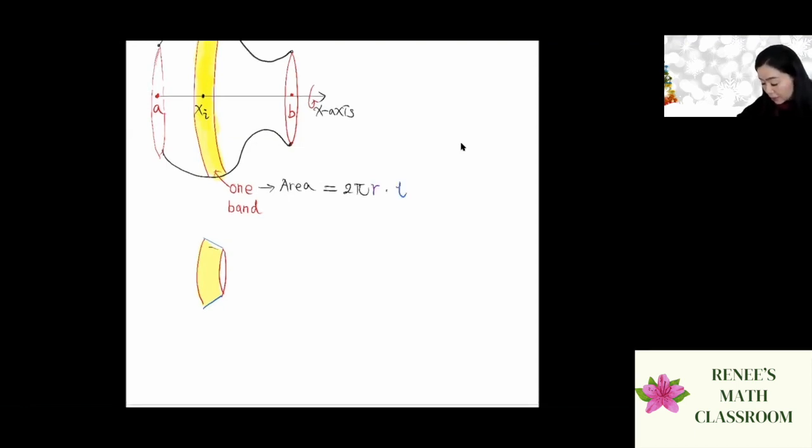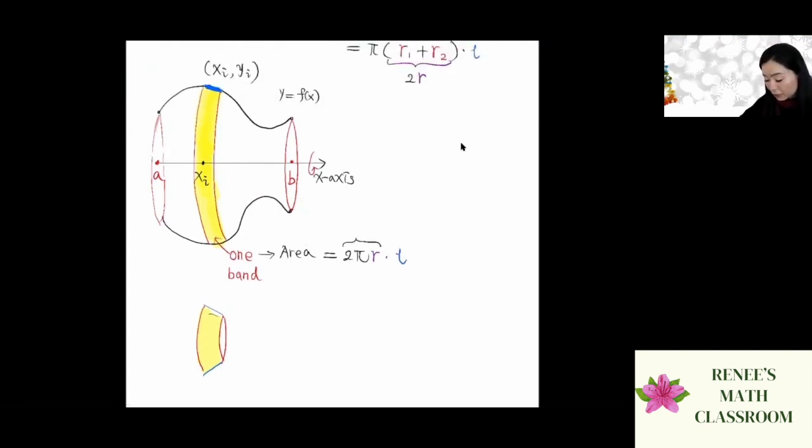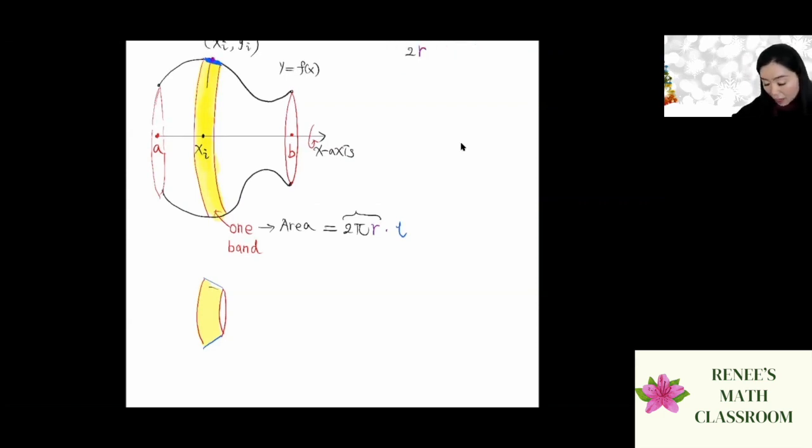Remember what this 2 pi r is. What is this r over here? Remember, we take the middle of this line segment, actually we're on xi, okay? So this is xi. So what's this r over here?